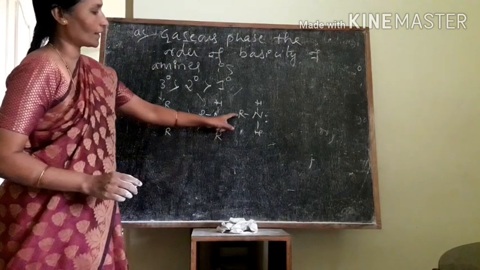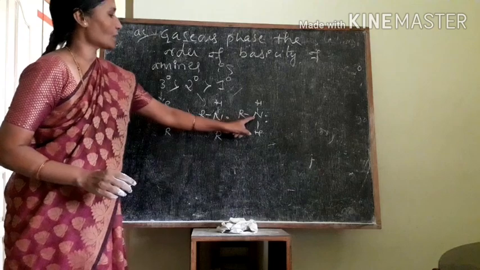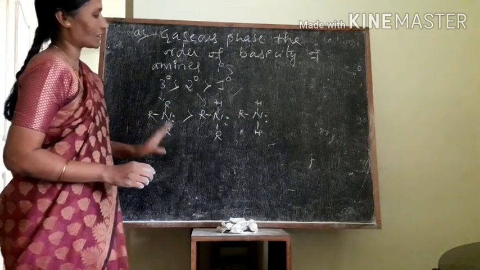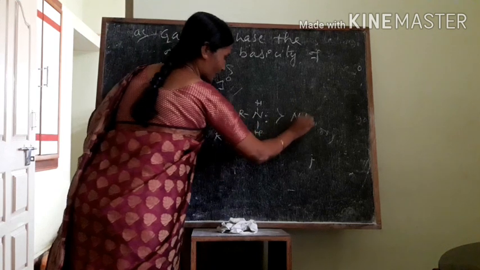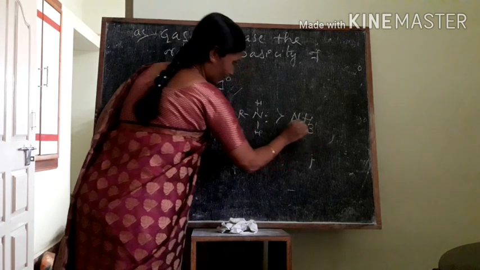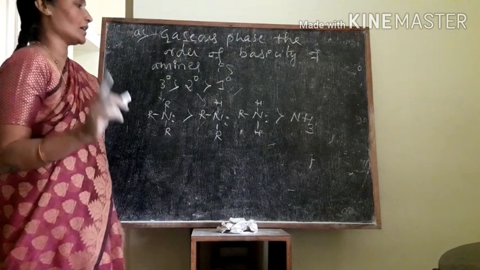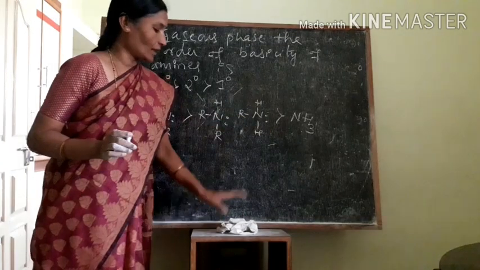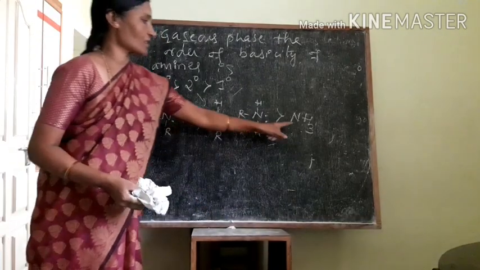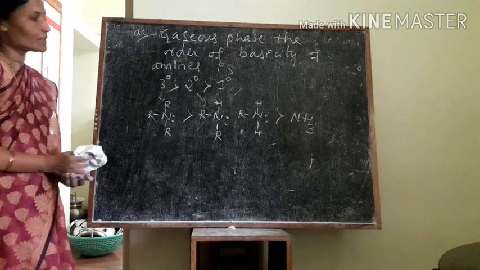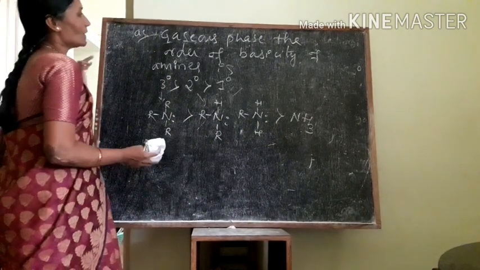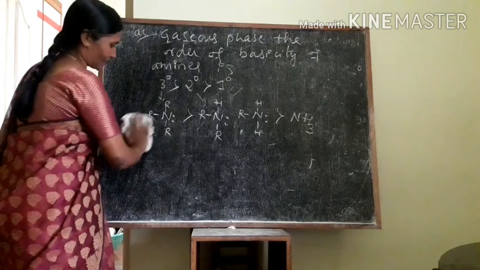Only one donor atom is there, therefore it is comparatively less basic in nature, and this is more basic compared to ammonia. In ammonia only hydrogens are there, hence there are no alkyl groups, therefore its basicity is less compared to all these. This is the case of the gaseous phase.